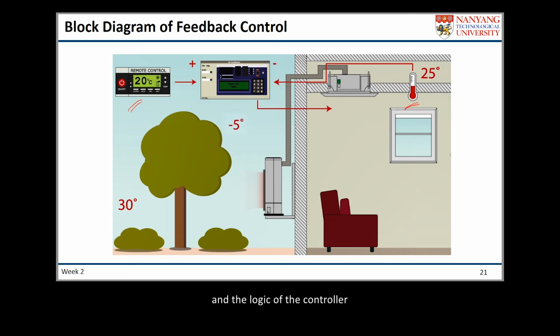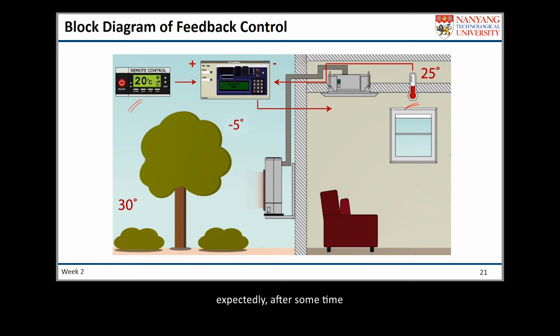And the logic of the controller will say if the difference is negative, the controller will ask the heat pump to start. So the heat pump will start, and then your room will become colder. If the difference is positive, which means the temperature of your room is colder than the setting temperature in your remote controller, the controller will ask the heat pump to shut down.